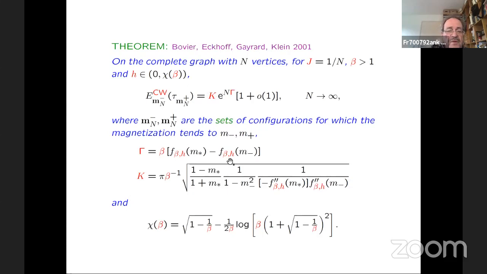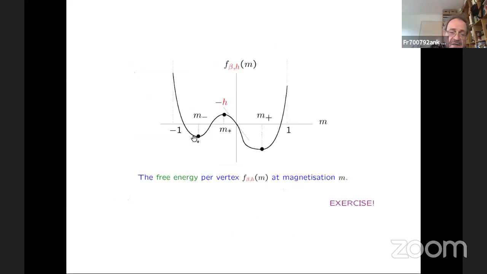And there's a prefactor that turns out to be, well, not so easy. And this was already found by Kramers and Eyring, that it depends on these numbers here and that number there, the m star and the m minus.